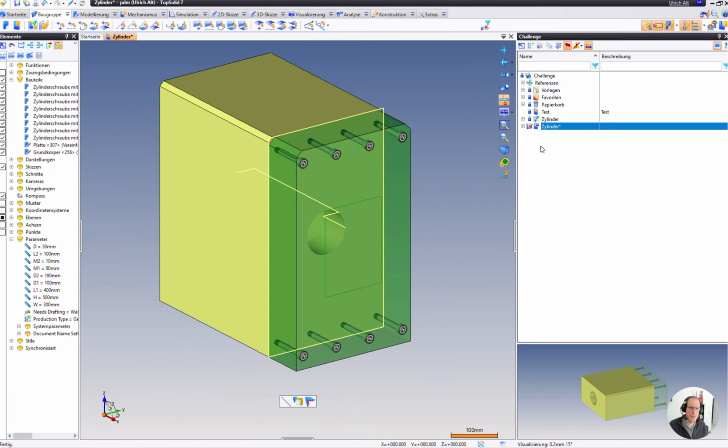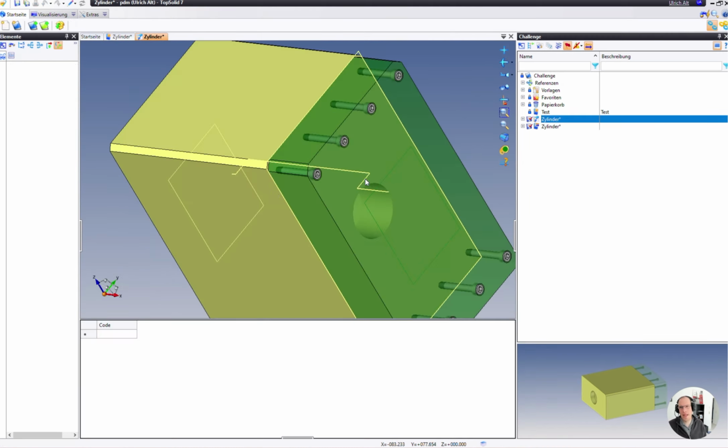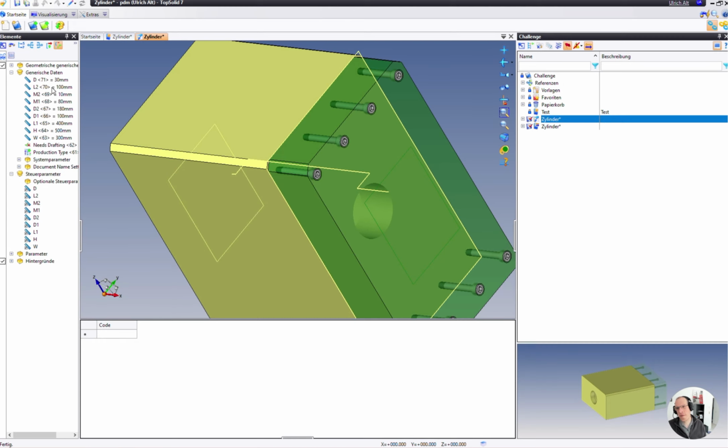So far so good. Now what we do is we put a family over this, and the parameters from the assembly become the drivers of this family. I know that not all parameters need necessarily be drivers, but let's just assume for the moment that this is the case this time. So far so good as well.